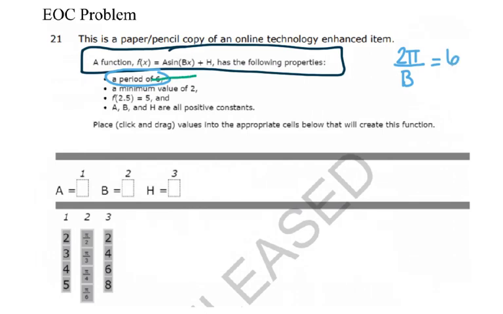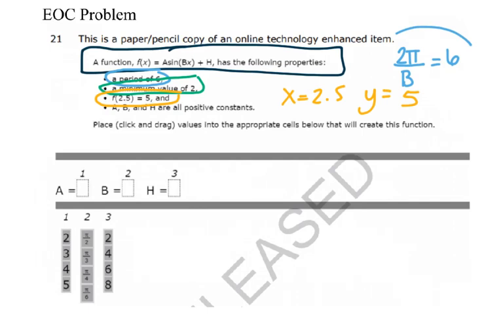It has a minimum value of 2. When x is equal to 2.5, then y should always equal 5. Alright, and now I'm just trying to figure out what are the numbers a, b, and h.